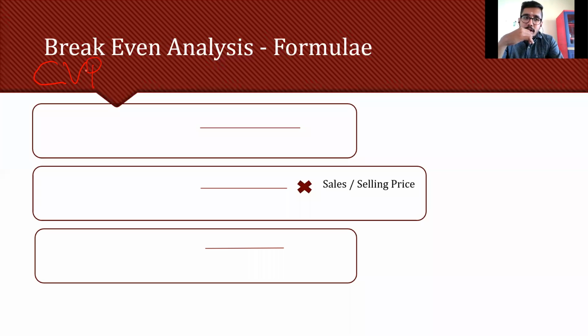That means we are finding out the relationship between cost of production, volume of production, and profit of that product. The first tool of CVP analysis was PV ratio, and the second tool, what we are learning now, is break-even analysis. Now we are going to see what are the formulas available to calculate break-even point.